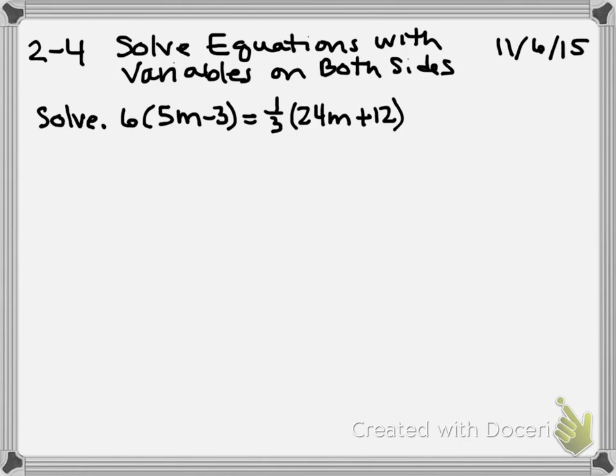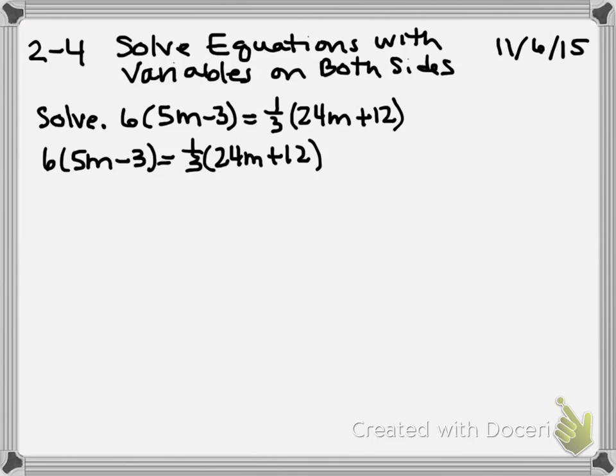And then Monday I'll have a really good review for you on all of this. So 6 times the quantity 5m minus 3 equals 1/3 times the quantity 24m plus 12. So what's the first thing that we need to do to start solving this particular equation?